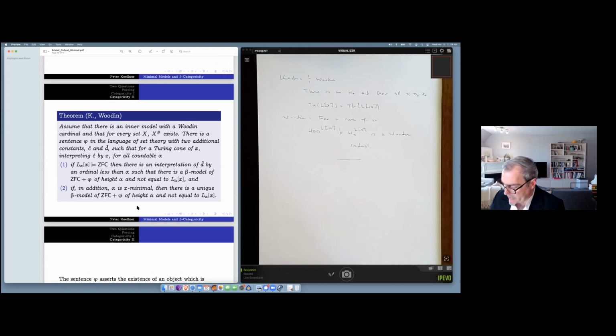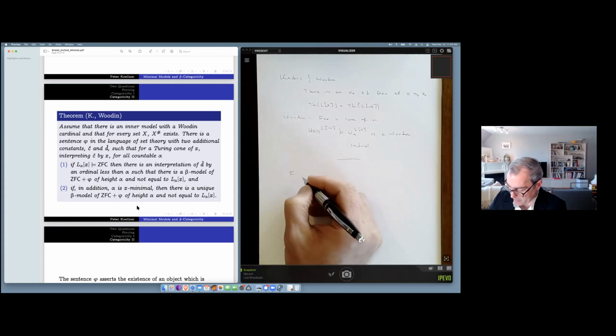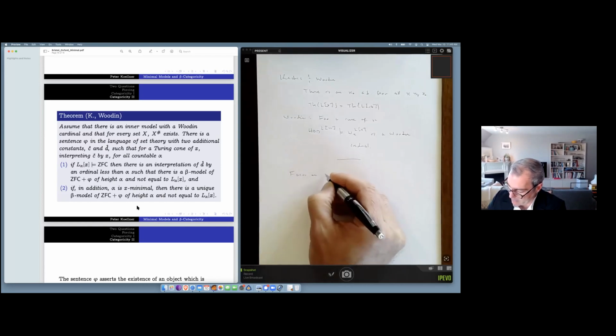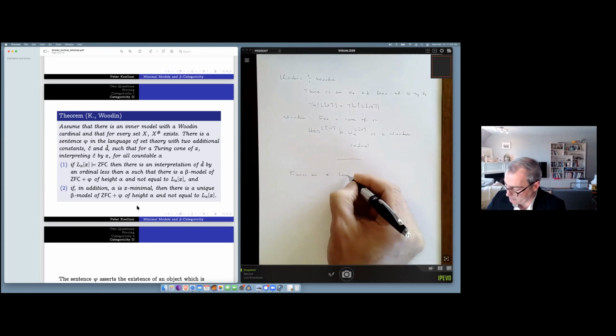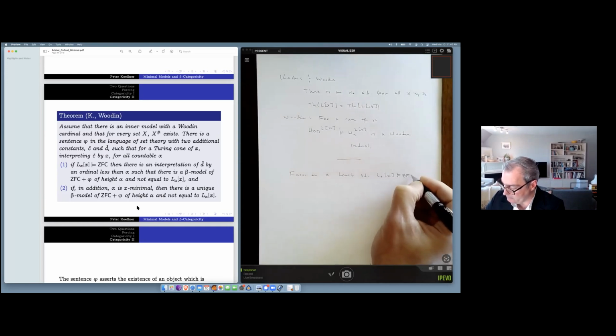So I want to describe just a bit of the machinery that goes into this, and it's based on the HOD analysis, not of L of x, that's still open, but of L of x and G. So what I'm going to do is focus on the alpha least such that L alpha of x satisfies ZFC.